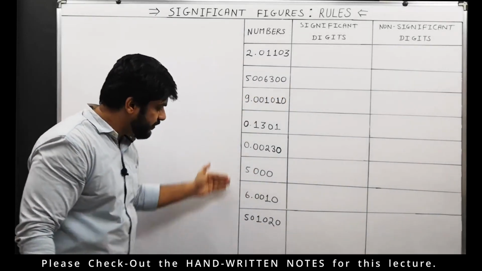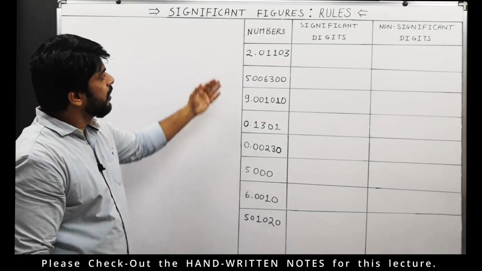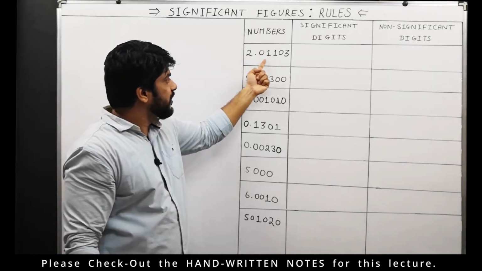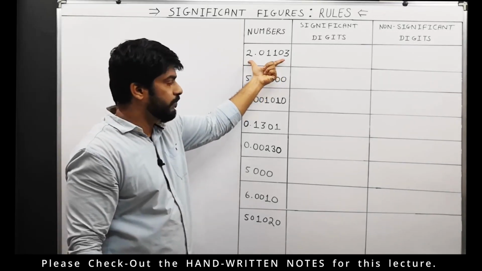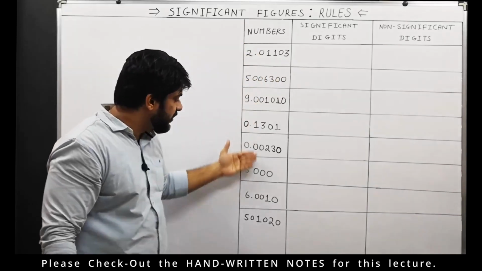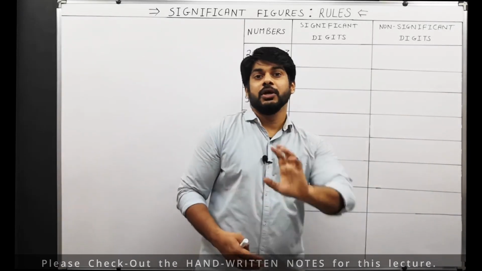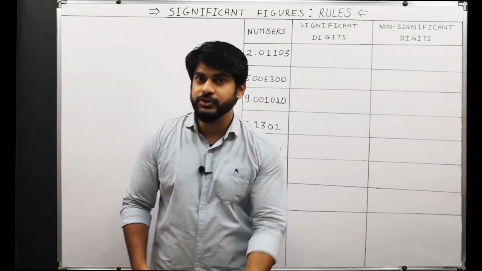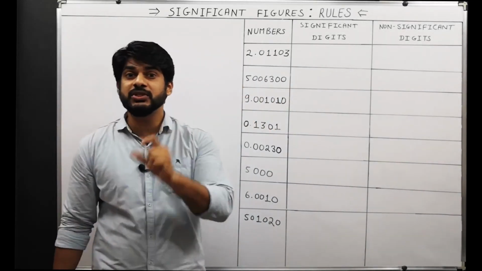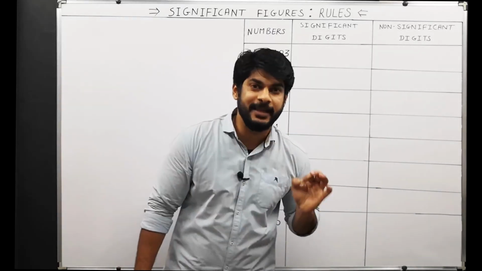You can see some examples I have written here. Out of these digits, in this whole number, which are the significant digits? How do we find that out? For that there are some rules, and those rules will be studied in this lecture.